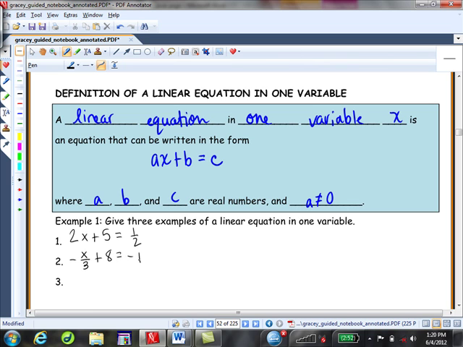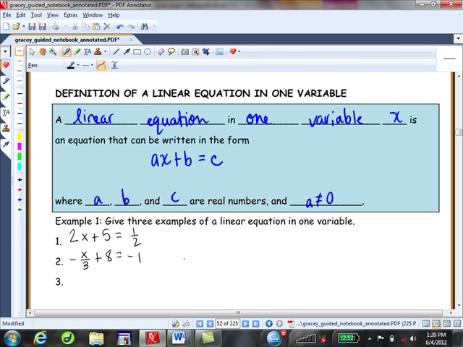So what would our A be this time? Good, it would be negative 1/3, right? Because negative 1/3 times x over 1 would be negative x over 3. Sometimes those get a little tricky.